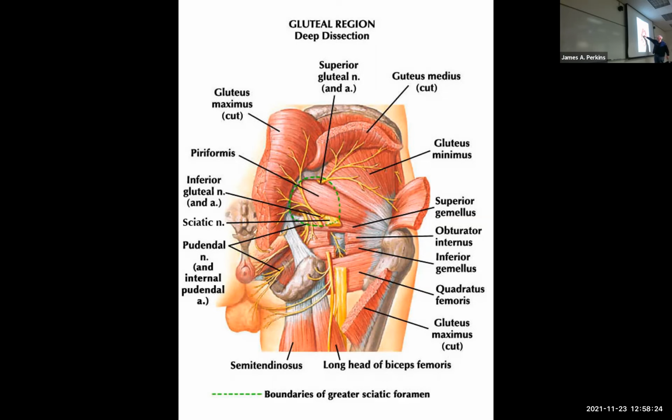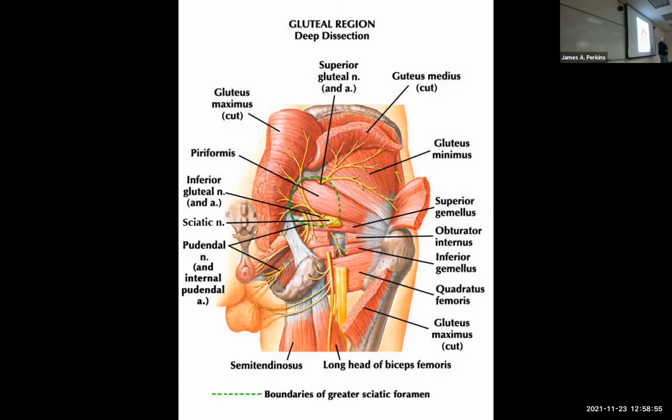This is the inferior gluteal nerve, which innervates the entire gluteus maximus muscle. Then there's a bunch of other nerves also exiting the greater sciatic foramen inferior to the piriformis. One of these is the sciatic nerve, the largest nerve in your body other than your spinal cord.